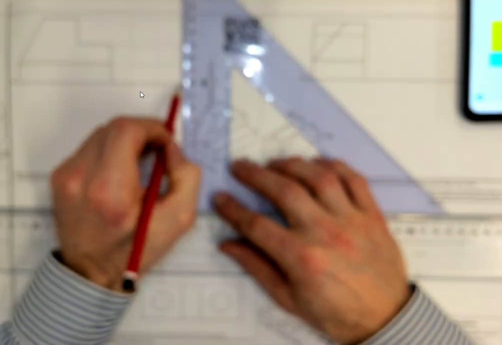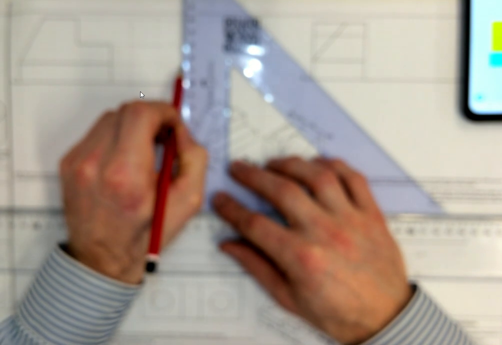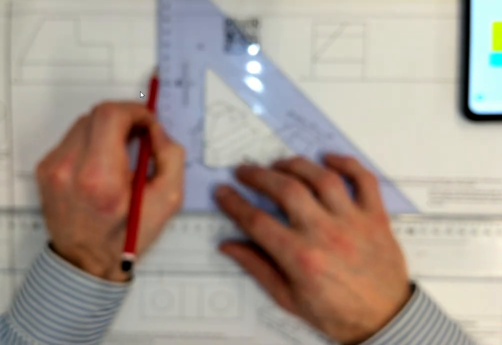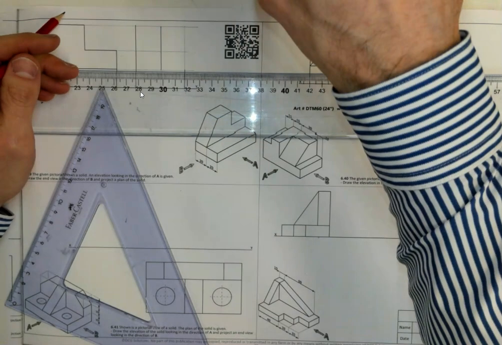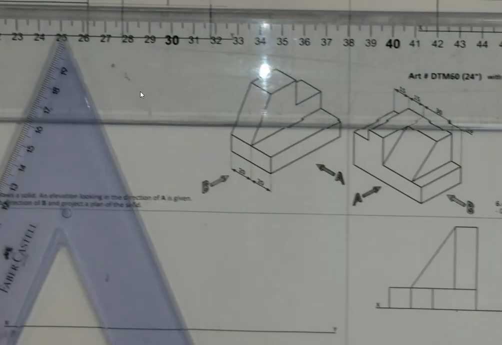So we'll make that heavy. Up 20, in 20, and I'm now just going to draw my vertical line here and here. So just zoom in there now, focus that.